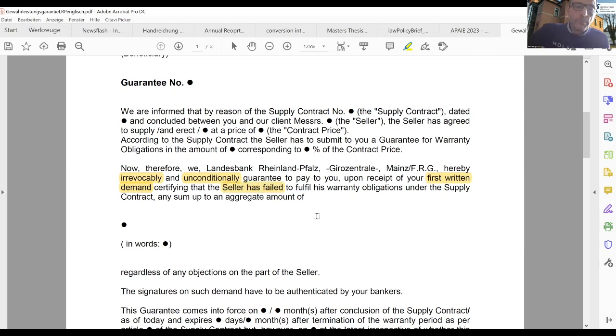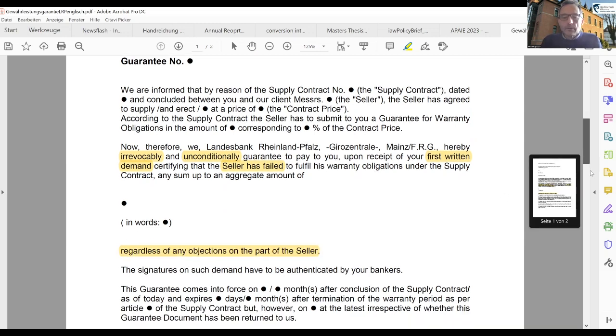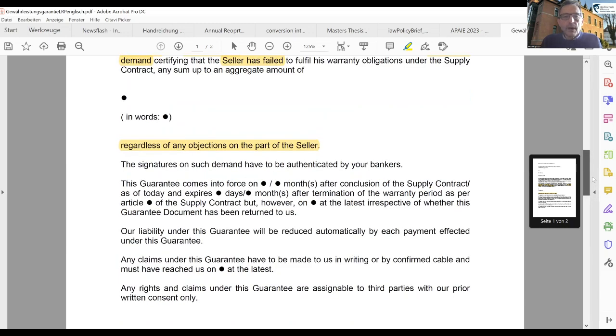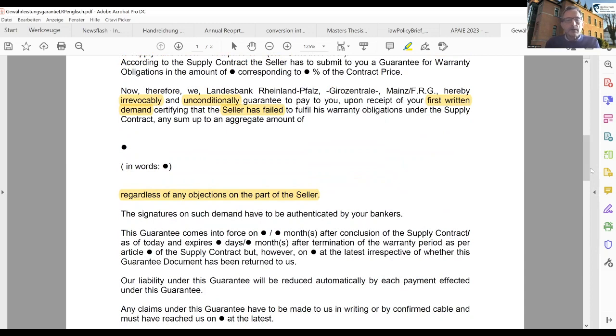Then the bank will pay, regardless of any objections on the part of the seller. So the seller has no chance to avoid the payment. So that's the main part of the guarantee. Then some aspects of how the bank can fulfill it, and so on.